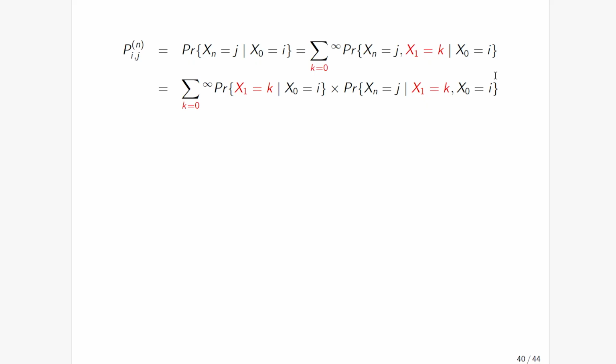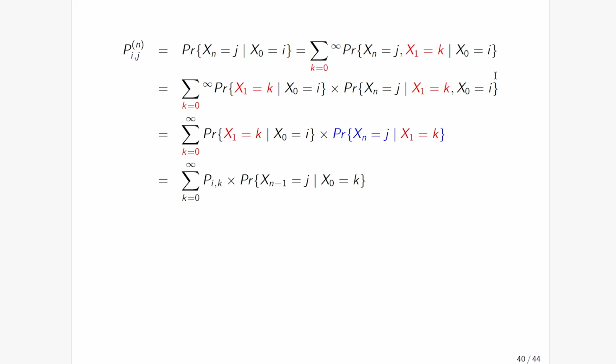And so if we write this out, we end up getting that this in blue is equal to the term above in black because of the Markov property of the process. And so we basically have this sum of Pik times the probability of Xn minus 1 equaling j given X0 equals k.